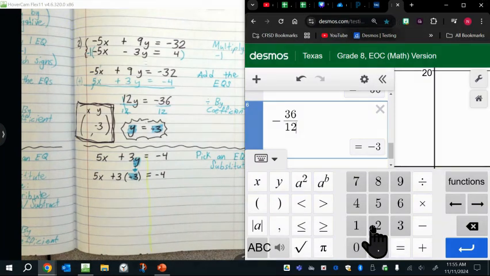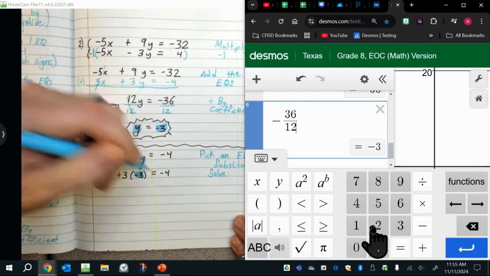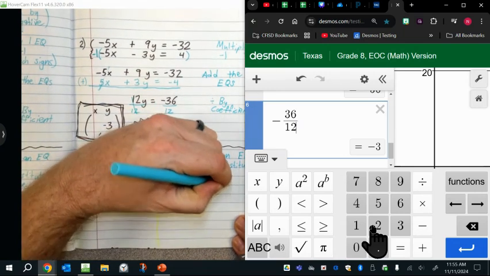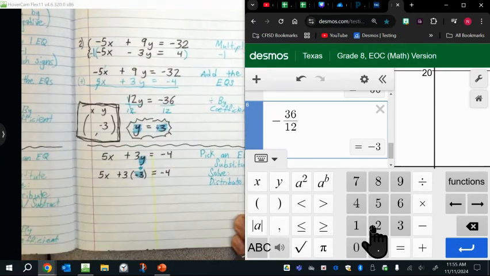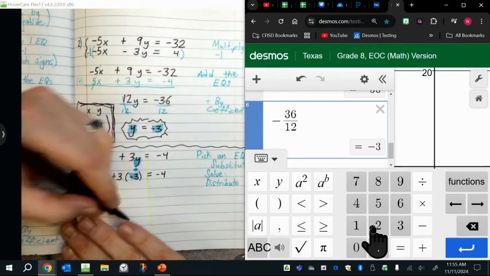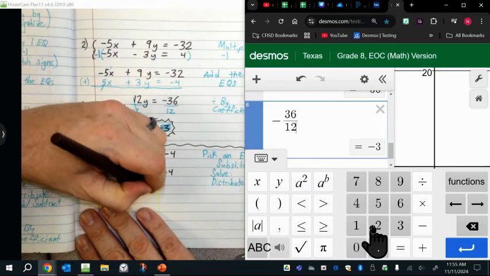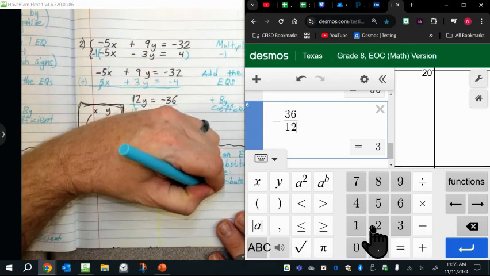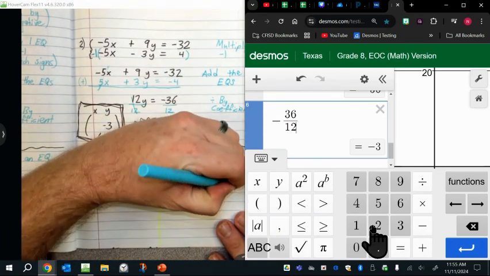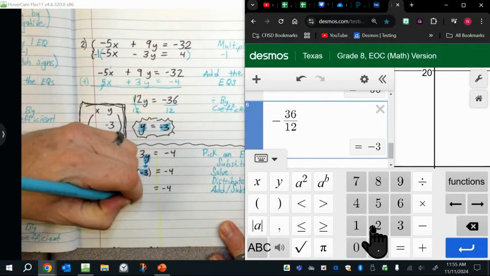And so we're going to distribute. So 3 times -3, that's going to be -9. Bring everything else down. I add or subtract. I see -9, so I do +9.